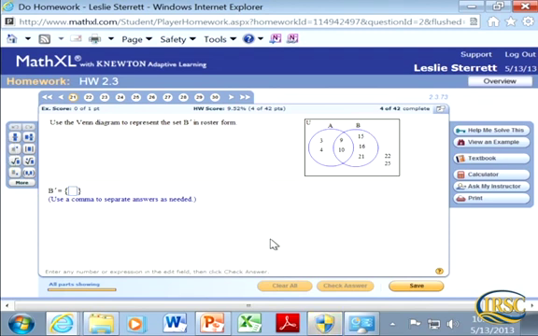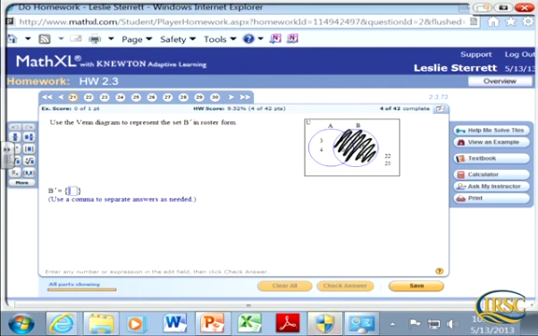But I could shade out everything in B. I don't want B, I want the complement. So I've eliminated B, which means the only things that are left are 3, 4, 22, and 25.